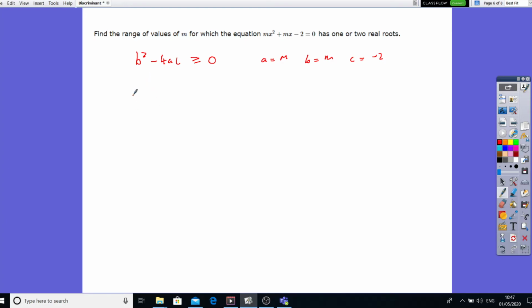So we've got m squared minus 4, a is m, and c is -2. When it's greater than or equal to 0, we're going to end up with m squared, 2 negatives become a positive, plus 8m greater than or equal to 0. Factorize this, take m out. You've got m times (m plus 8) greater than or equal to 0.